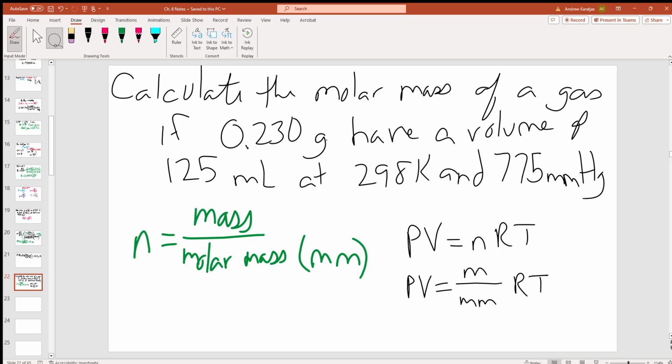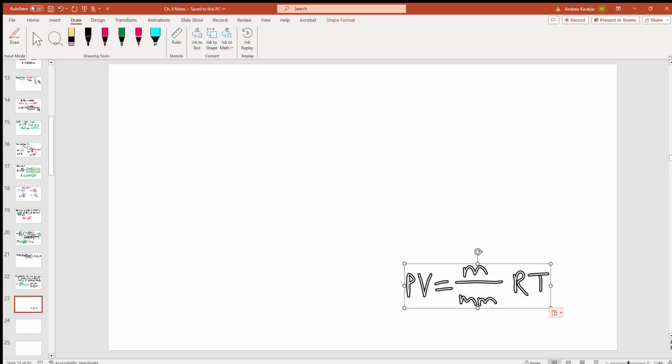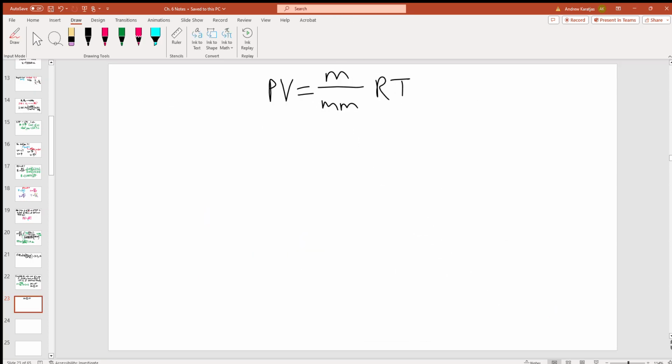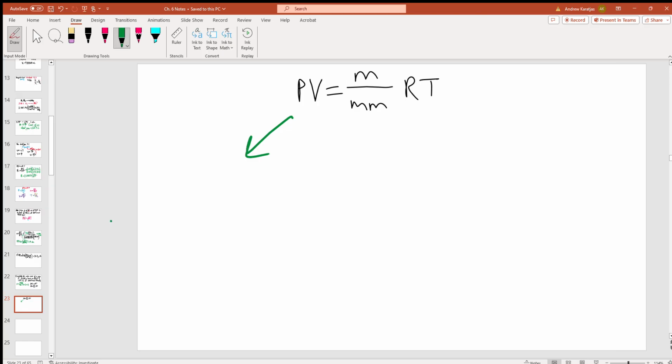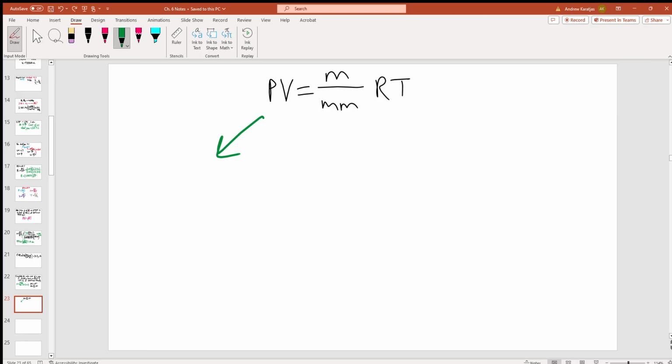and I'm just going to grab this equation and take it to the next page because I'll show you another thing that we can do here. So if we just want to get molar mass by itself, then at this point we can solve for molar mass and find that molar mass is equal to mass times R times T over PV.